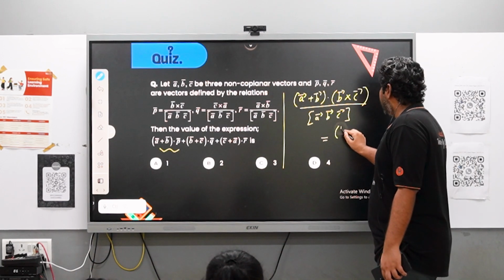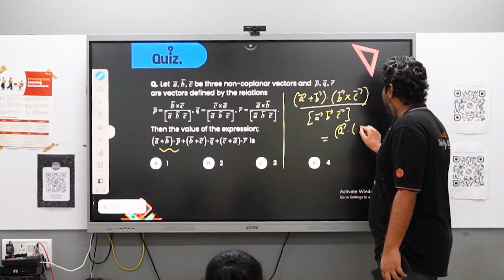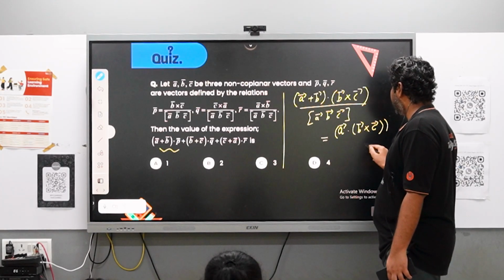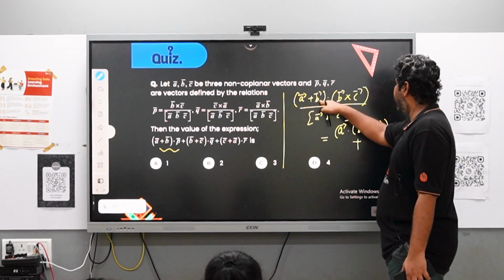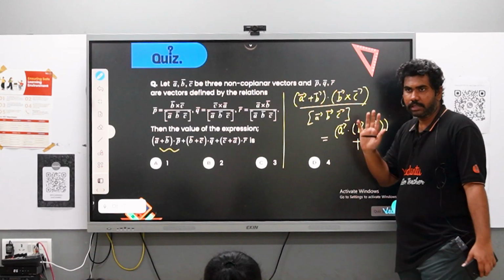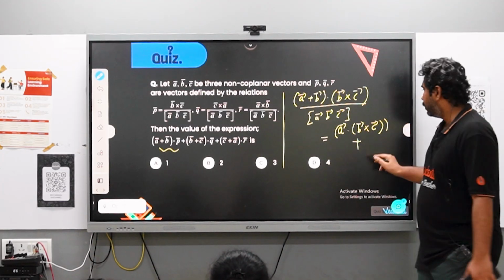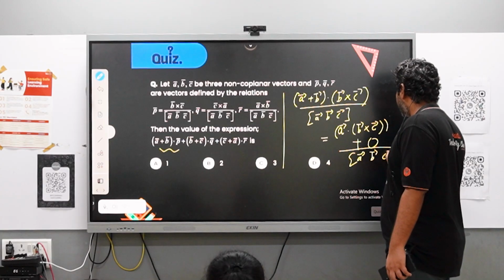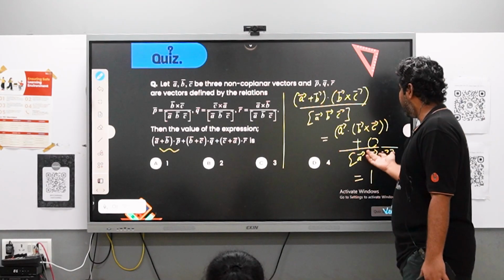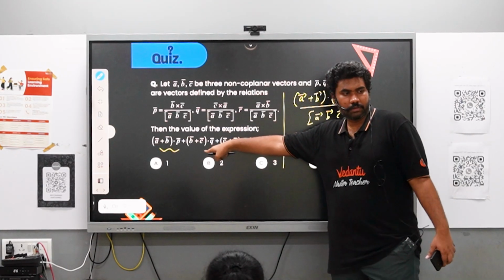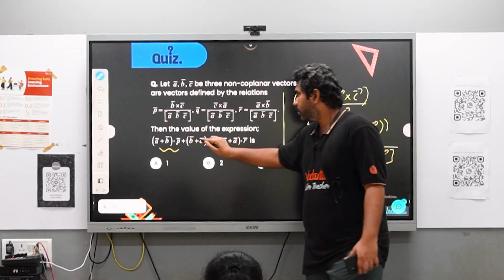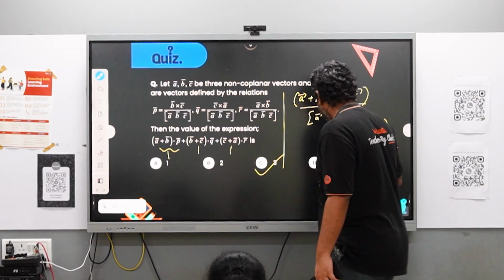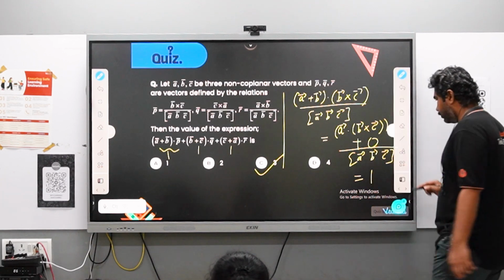A vector dot B vector cross C vector, that is the box product, plus B vector dot B cross C, that becomes 0. 0 divided by ABC. This is going to give me 1. In the same logic you can do this also. This is also going to be 1, this is also 1. 1 plus 1 plus 1.